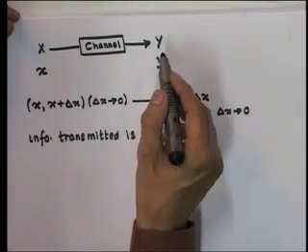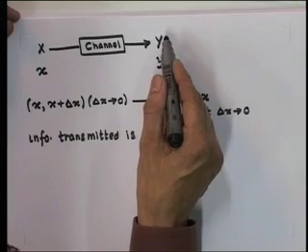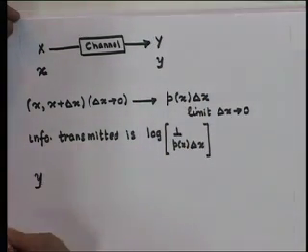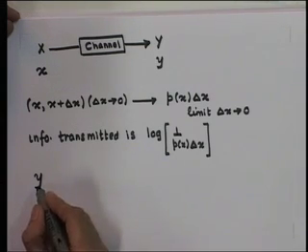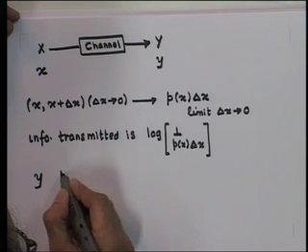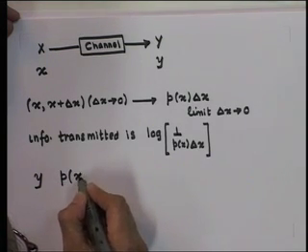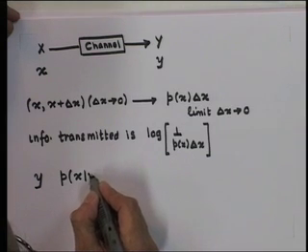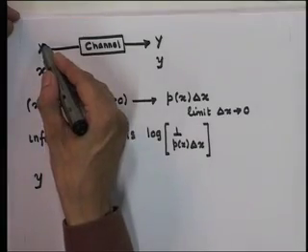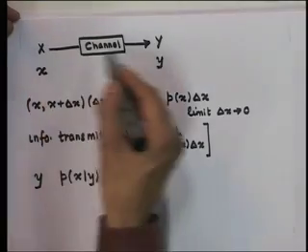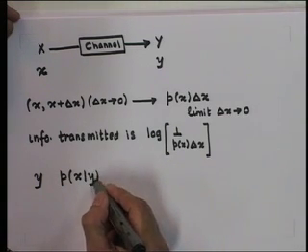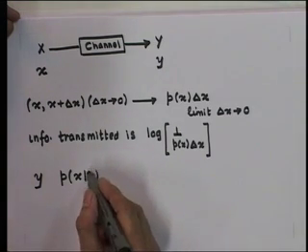Now, let the value of the random variable at the receiver be denoted as y, and let p of x given y be the conditional probability density of the random variable x when the random variable y at the receiver is equal to this small y.